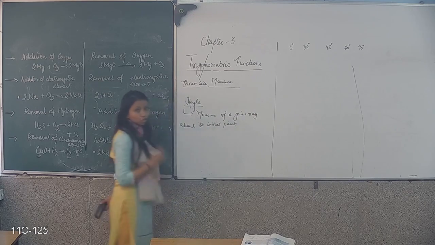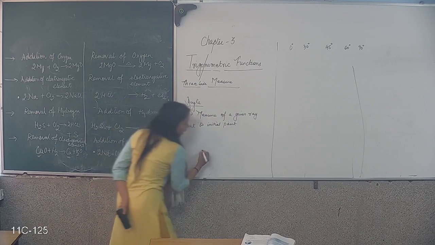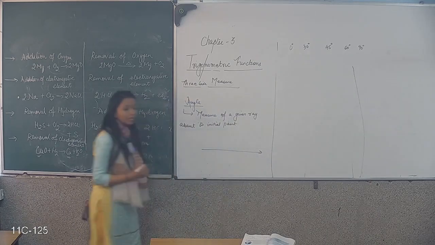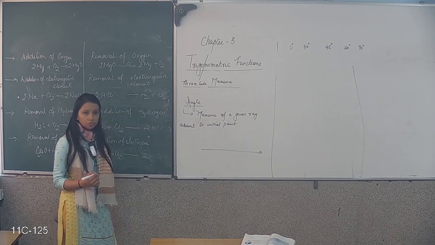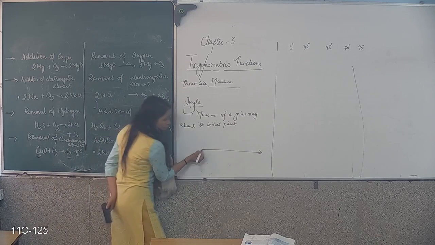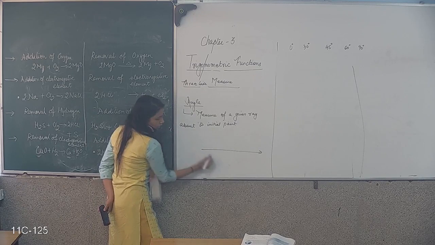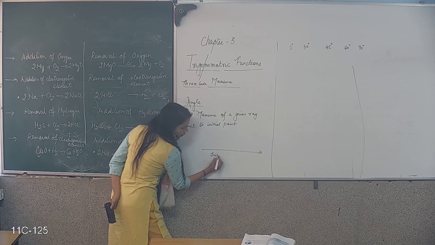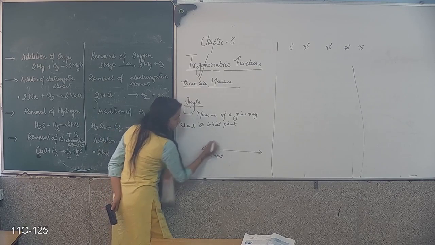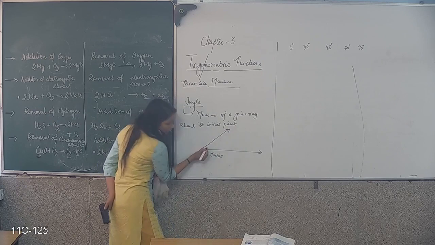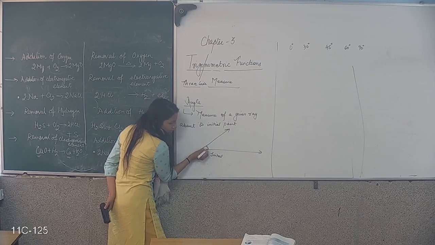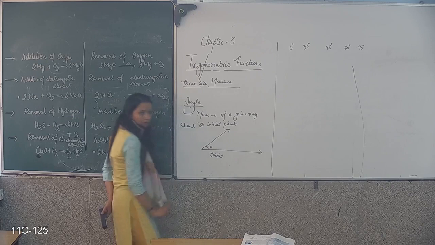For example, if I have this ray, I can measure this ray from the initial point. If I rotate this ray from the initial point and come over here, then this part is an angle.